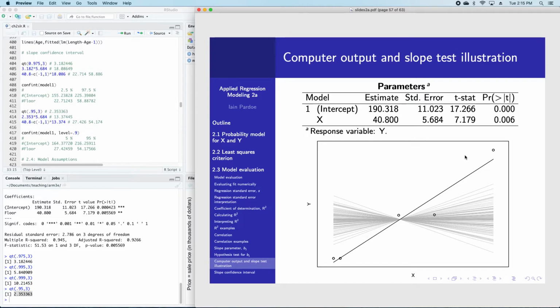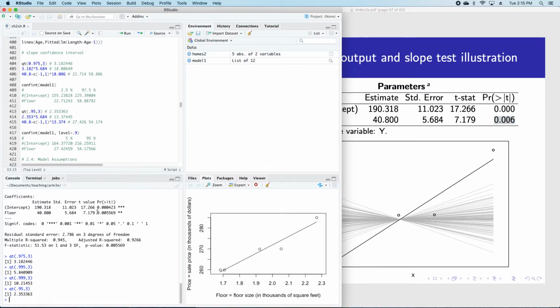One final thing before we move on to talk about confidence intervals is we can see in this computer output up here, I've got my B1 hat, I've got my standard error, I've got my test statistic. In this final column, it actually tells me the p-value. It's repeated down here in my R output.